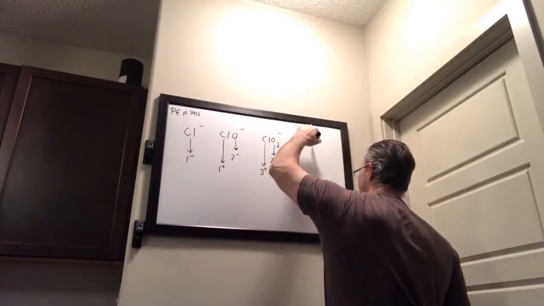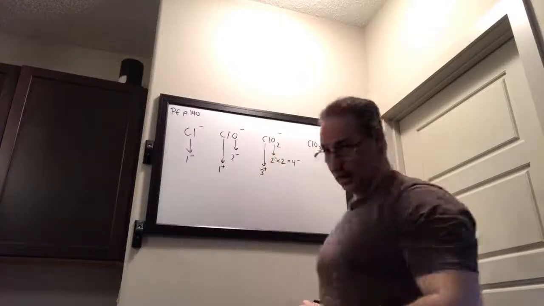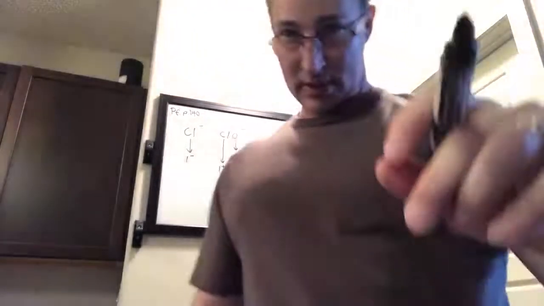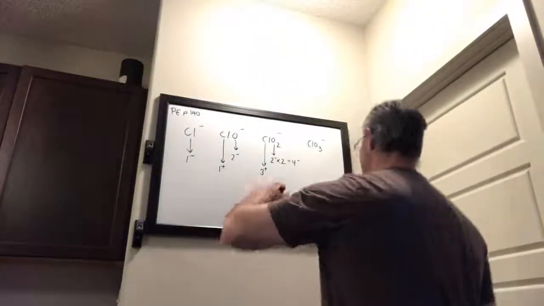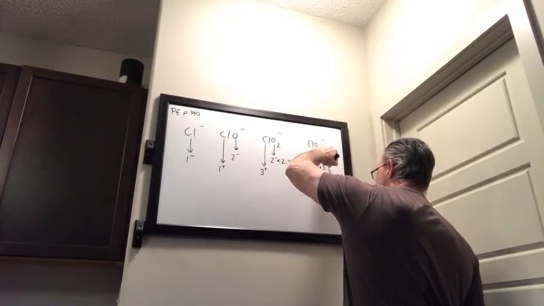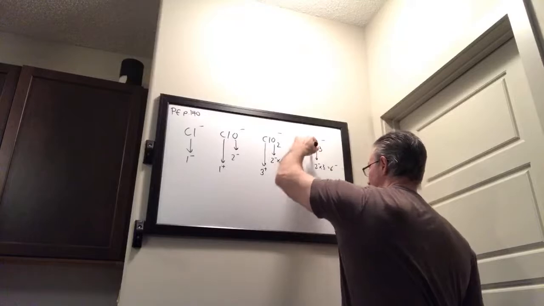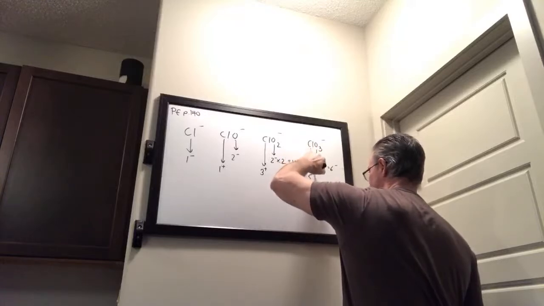In chlorate, also with a -1 charge, now there's 3 oxygen atoms, and they're each -2, and there's 3 of them, so you would expect it to be at -6, but it's only at -1, so that's going to tell you that the chlorine has to be at +5.